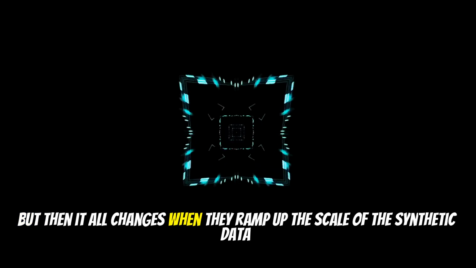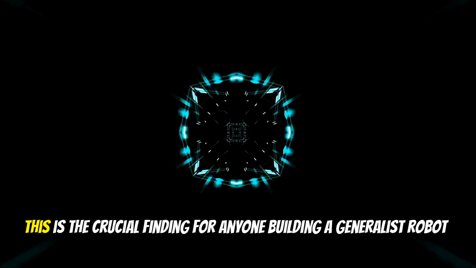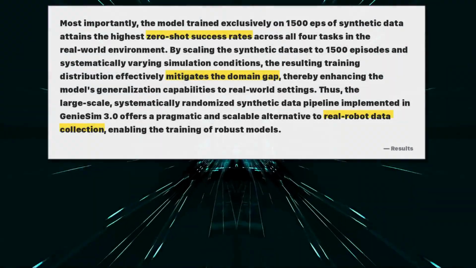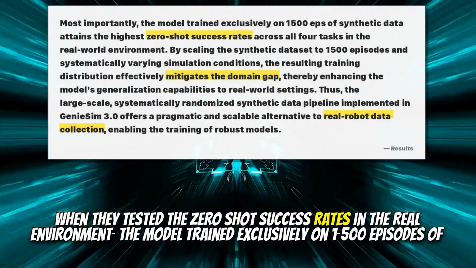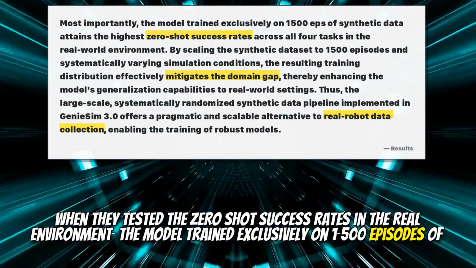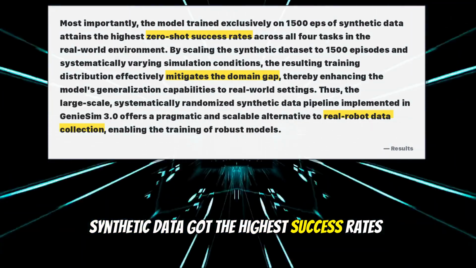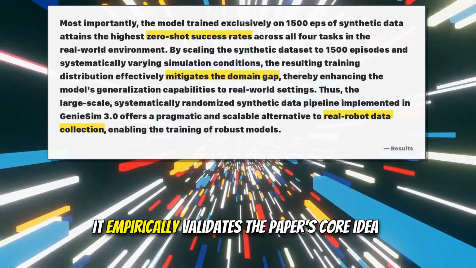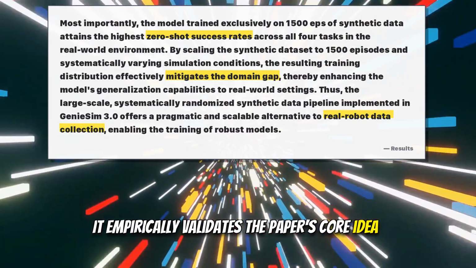But then it all changes when they ramp up the scale of the synthetic data. This is the crucial finding for anyone building a generalist robot. Absolutely. When they tested the zero-shot success rates in the real environment, the model trained exclusively on 1,500 episodes of synthetic data got the highest success rates across all 4 tasks. This is huge. It empirically validates the paper's core idea.